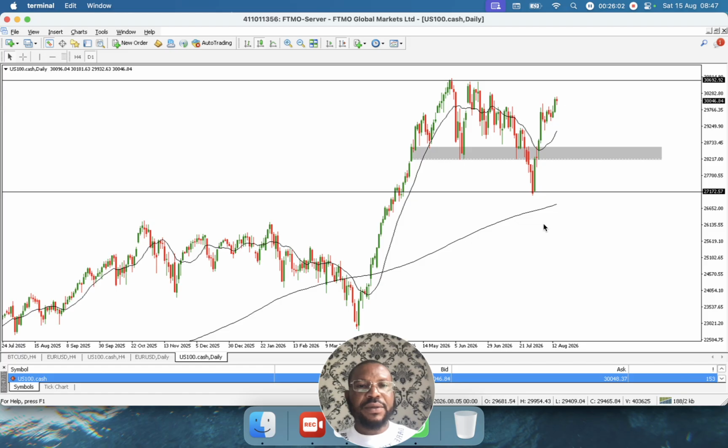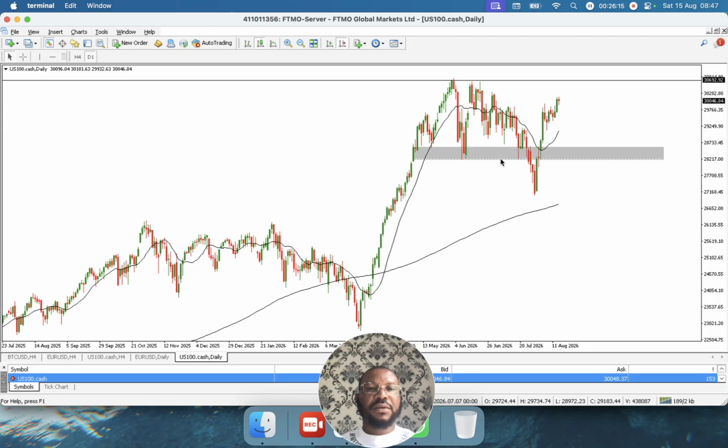Price is trading above our 200 EMA. Some traders were thinking that after this close below this area, the Nasdaq would start to trend to the downside. But I told us, be careful if the Nasdaq breaks below this demand area. Don't be too quick to start selling the Nasdaq.